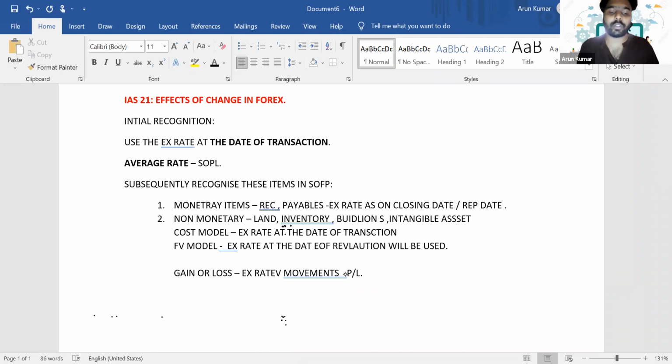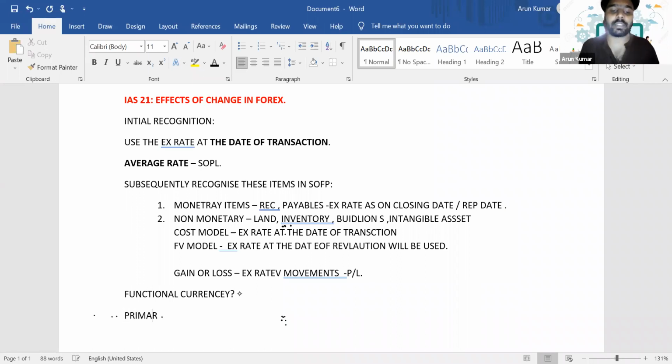Apart from that, you should also remember how you will identify the functional currency. How to identify the functional currency, guys? Can you reply in the chat? We have two different approaches.